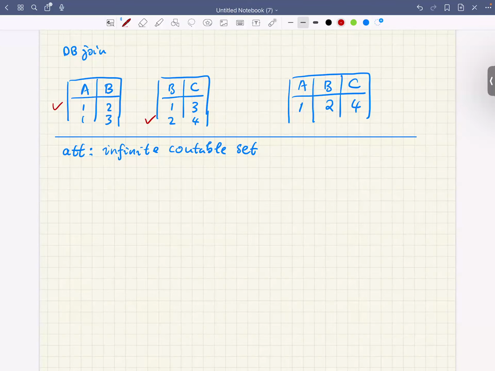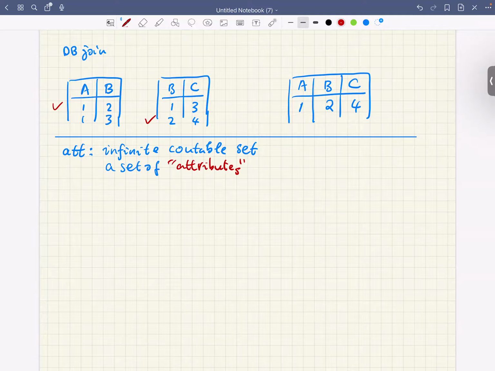So this is a set of attributes. This is the first time the word attribute comes into the picture. Basically, an attribute is defined as an element of this set. Every element of this ATT set is referred to as an attribute.